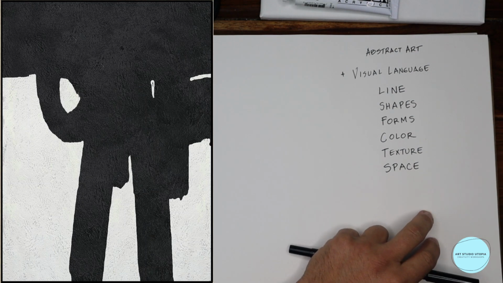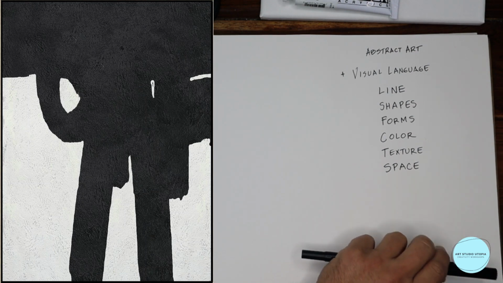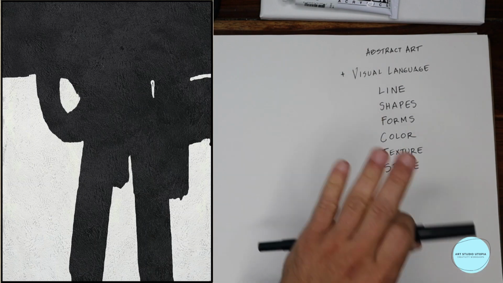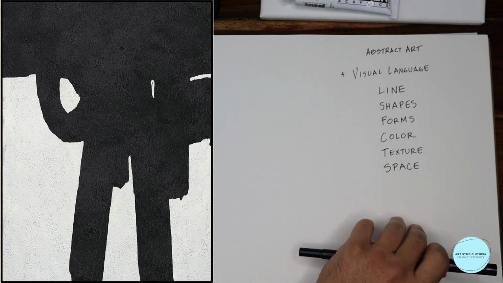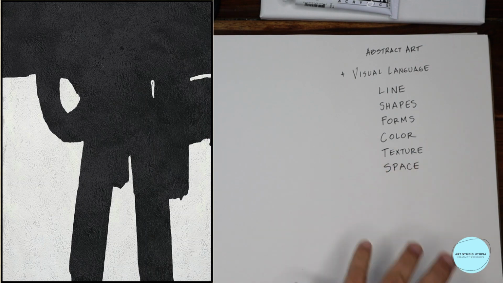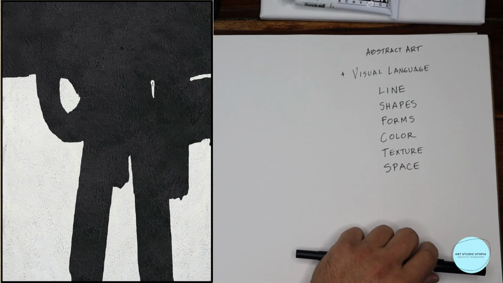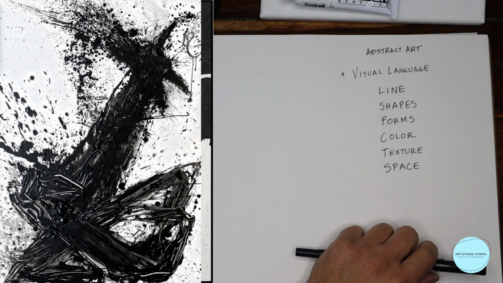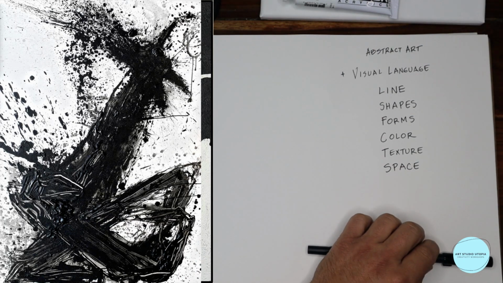So if you looked at this and you can come up with a word, forget about the one I said, but you feel something. And the idea is that abstract art should connect with you in a way that's going to make you feel like this, or it could make you feel like this. Now, if I said balance here, some of you might go, wait, what?